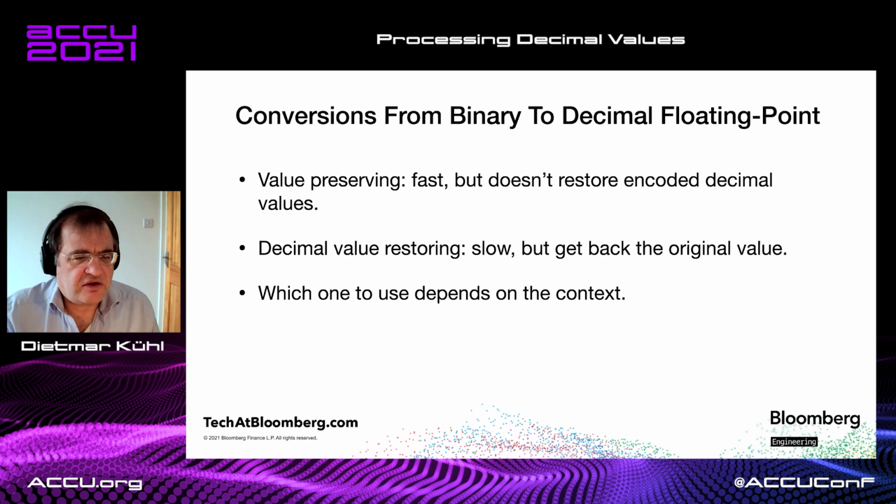Okay, I see a question for these things. How many significant figures are available in IEEE 754 DFP? The answer obviously depends on whether you use the 32-bit, 64-bit or 128-bit version.